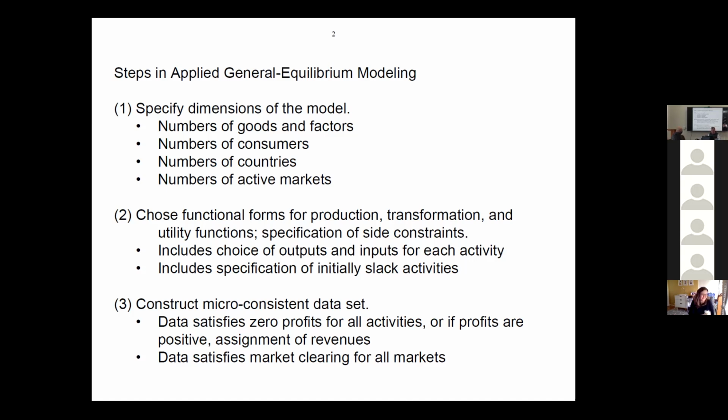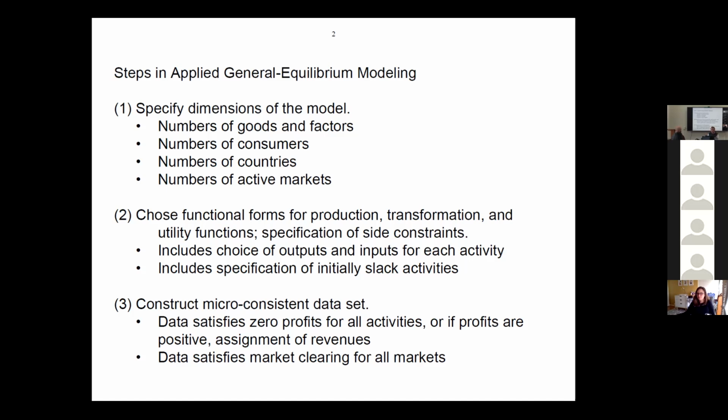Third step, that you don't have to do, but in learning and making up small models just to teach yourself, I think is a very important step, and that's constructing a micro-consistent data set. And I will define that, and we'll actually show what that is. You can just make up numbers, make up examples for yourself to teach and learn in very simple environments.